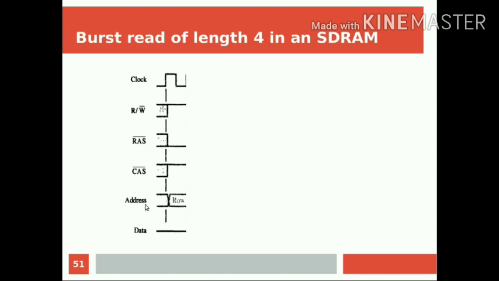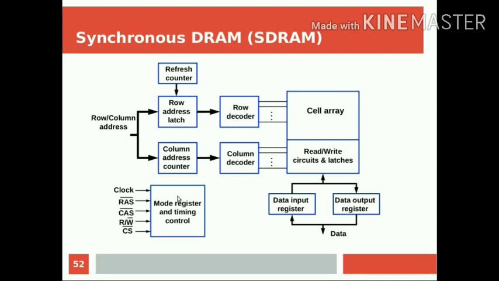And the row address is placed on the address bus. Then the RAS will be enabled and the row address will be latched into the row address latch. So the row decoder will decode that address and the corresponding row will be activated or selected from the cell array.